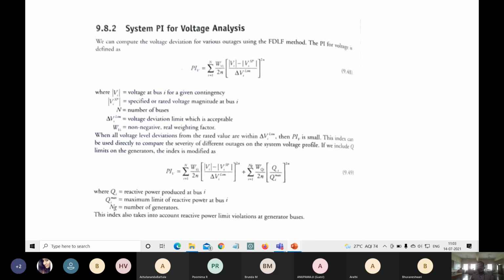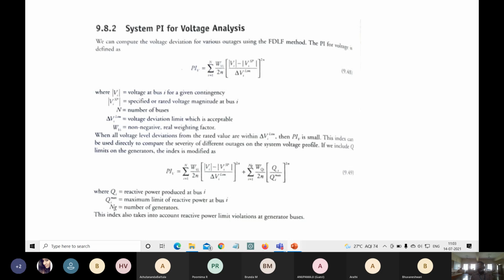If all the deviations are within the limit, then PIV will be small. In the previous case also, if all the limits in the transmission lines are within the limit, then the MW index is small; here PIV is small. So this index can be used directly to compute the severity of different outages on the system voltage profile.